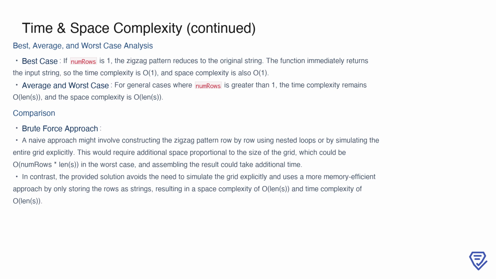Comparing this optimized solution to a brute force approach, the latter might involve explicitly constructing the zigzag grid, requiring additional space proportional to O(numRows * len(S)), and potentially more time for assembling the result. The optimized solution avoids these inefficiencies by directly appending characters to rows and concatenating them at the end, making it both time and space efficient.